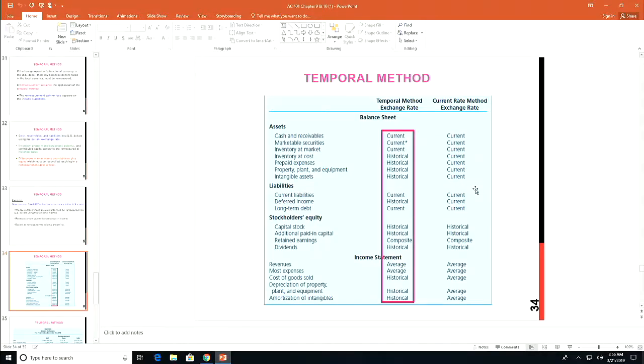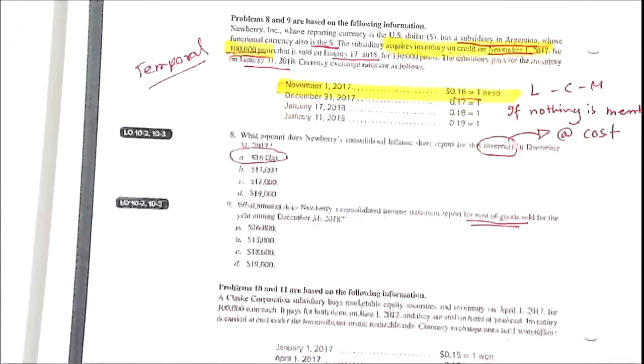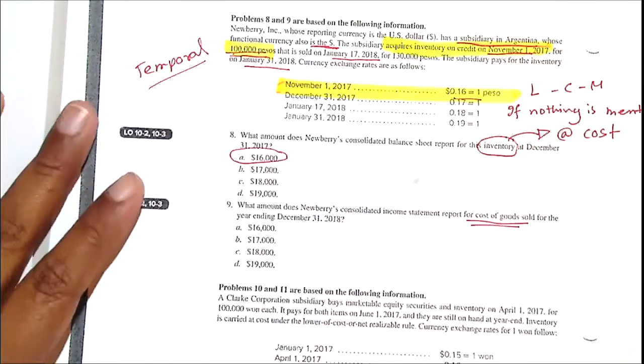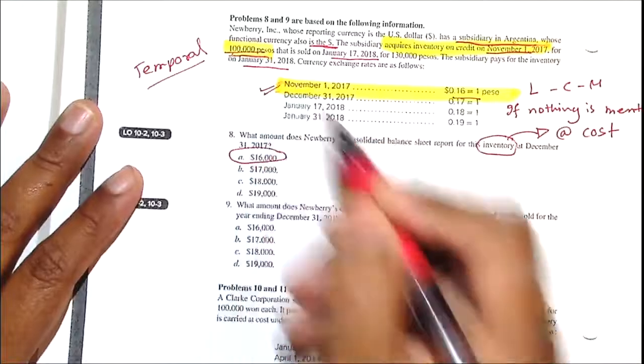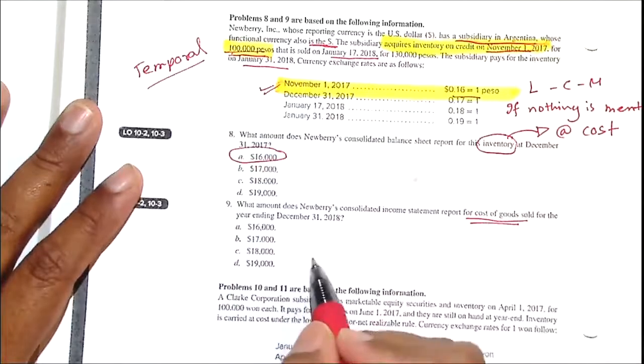So historical rate means here we're going to follow this November 1st rate. Because when you record cost of goods sold, the rate is actually associated with the inventory value. And the inventory value is created, the item is created, on November 1st. So again, we're going to use this November 1st rate.